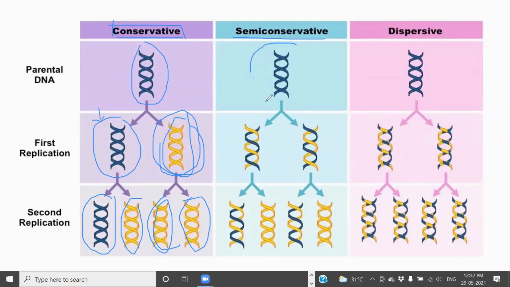Now the semi-conservative replication, what happens? This is the parental DNA molecule, you can see the dark blue color. Both the strands of the parental DNA molecule separate from each other, and these get involved in the synthesis of one new strand of the daughter DNA molecule.